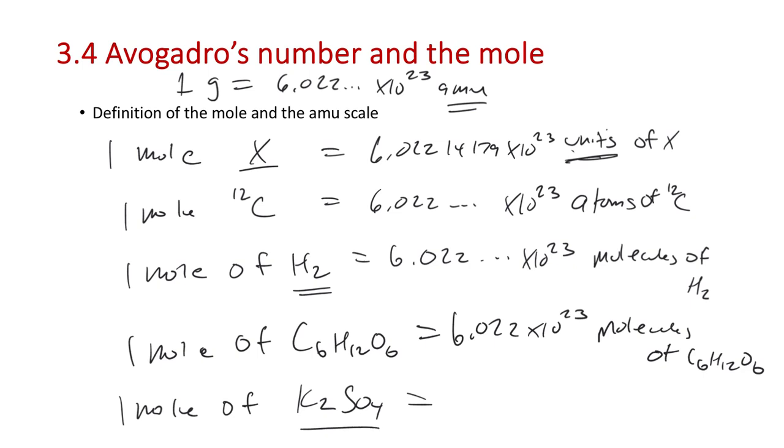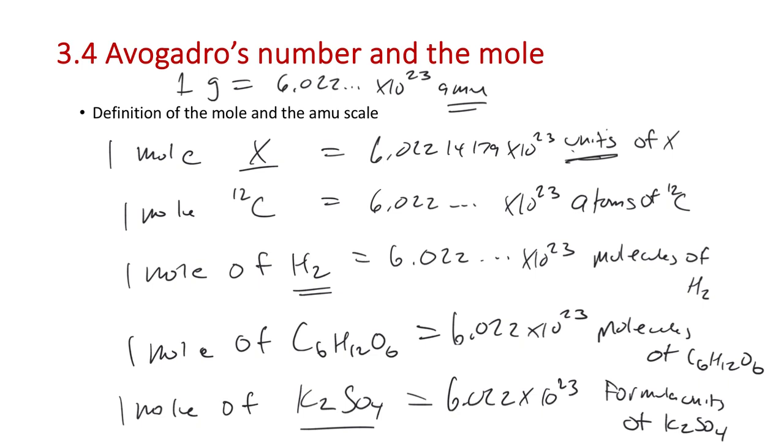So 1 mole of K2SO4 would be 6.022 times 10 to the 23. This is where that word units almost works better. So maybe formula units. Where the formula unit is kind of like the molecule that we think of, it's the simplest ratio of the ions in K2SO4.